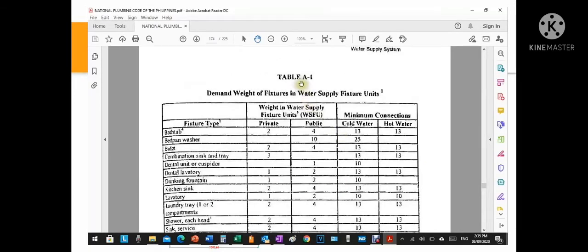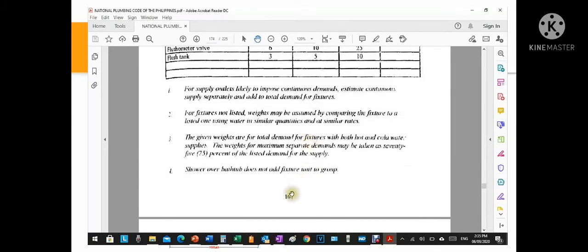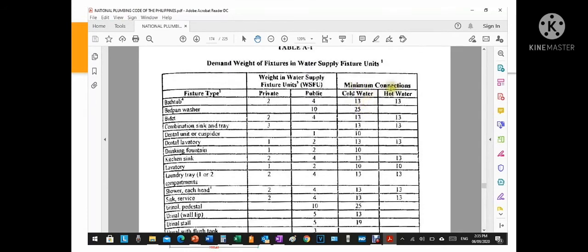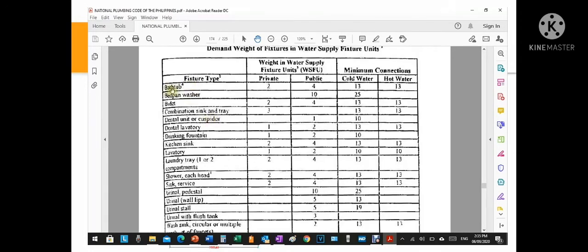Now, in table A-1, in page 167 of the plumbing code, we have the minimum pipe size connected to our individual fixture. For example, for bathtub, we have 13 millimeter as the minimum size of the pipe that should be connected to the bathtub.